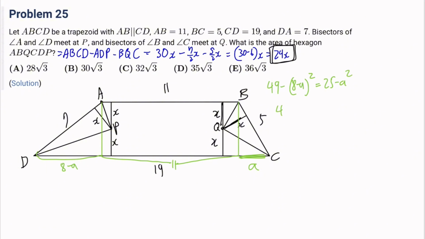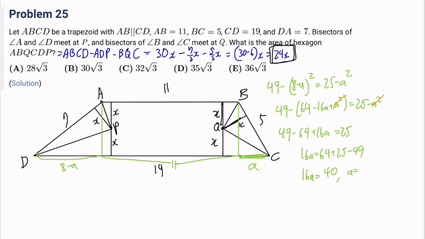And so it's 49 minus 64 minus 16a plus a squared equals 25 minus a squared, right? And so we know that these two cancel. And then that gets us to 49 minus 64 plus 16a equals 25. 16a equals 64 plus 25 minus 49. And so 16a equals 40, right? So a equals 5 over 2.